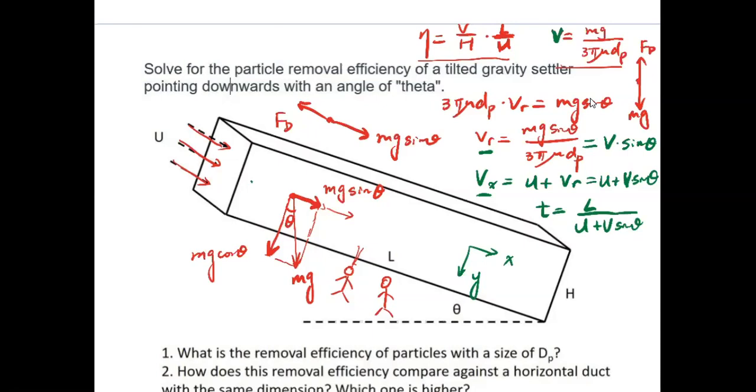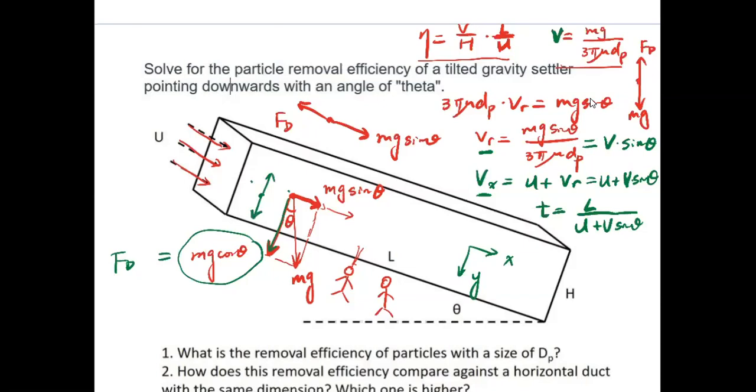And then also, how fast does it settle down? The velocity at which the particle settles down depends on the force that's perpendicular to this duct here. For that, we can again equate with the drag force, because the drag force is going to pull the particle upwards.